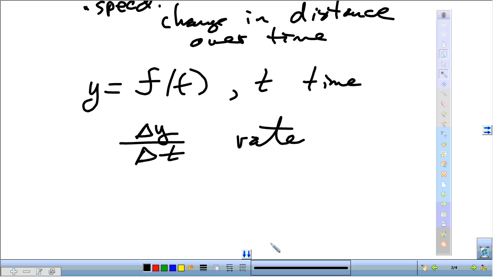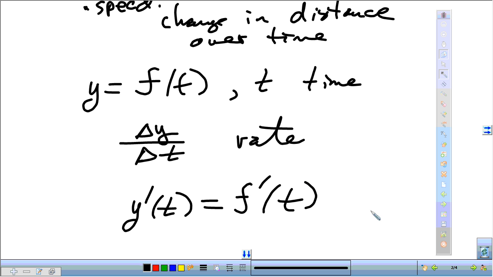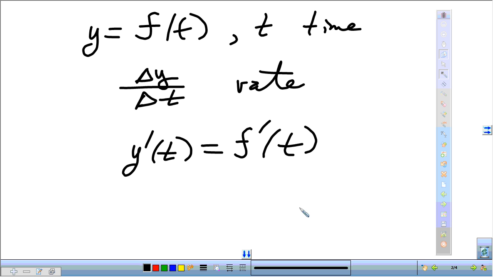Of course, that would be for fixed non-dynamic situations. When the dynamic situation, it's the limit of those, and so a rate is the derivative in terms of time, or in the same notation, the derivative of f in terms of time.